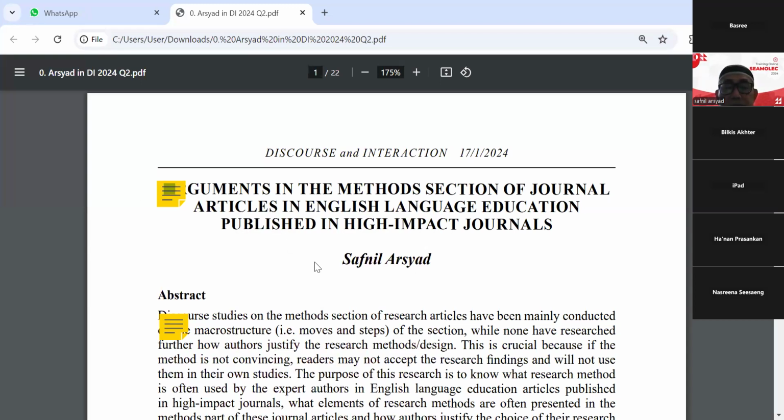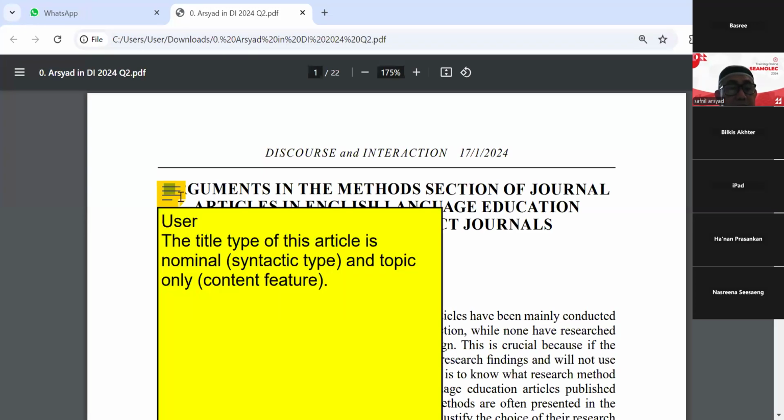Arguments in the method section of journal articles in English language education published in high impact journals. So this type is nominal, or noun phrase.